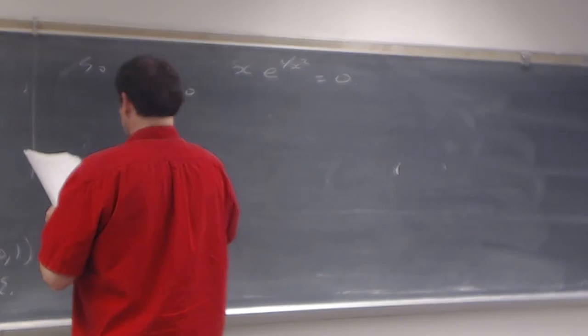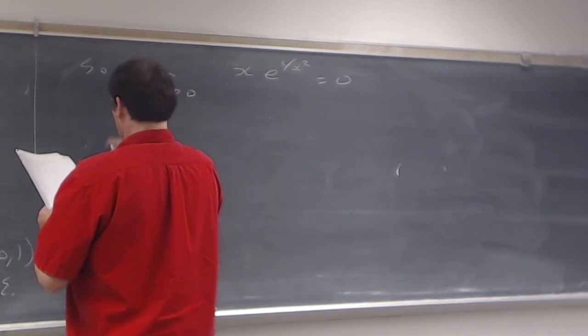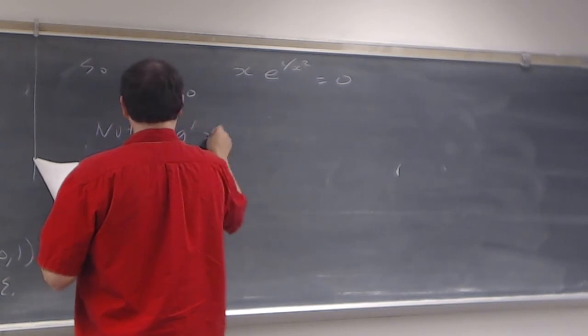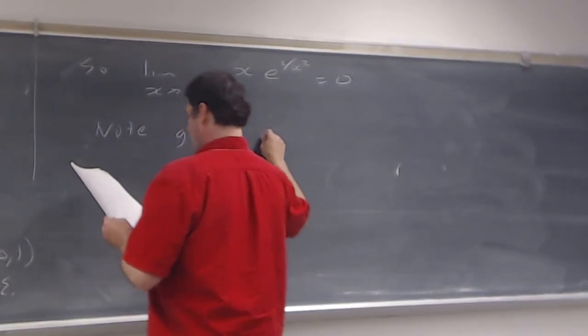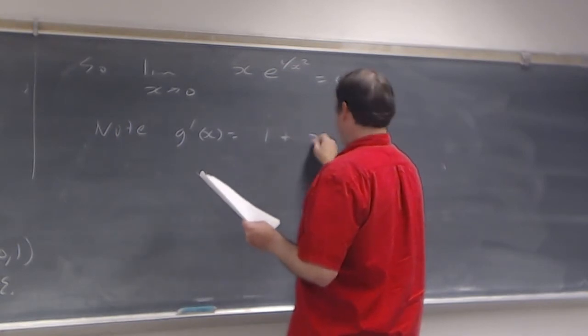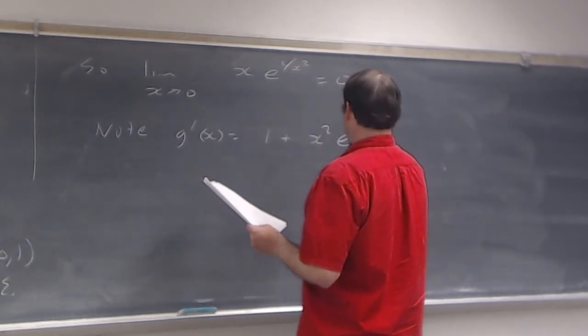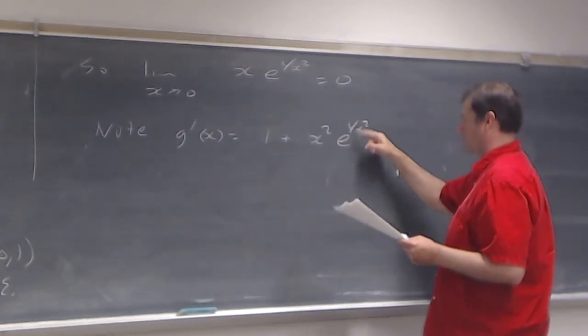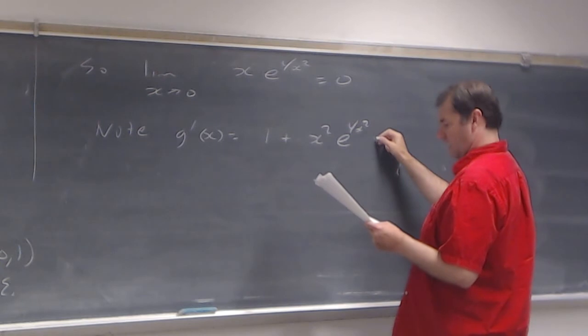Now, note g prime of x is going to be equal to 1 plus x squared times e to the i over x squared. So I'm taking the derivative of this, so it will be times i.